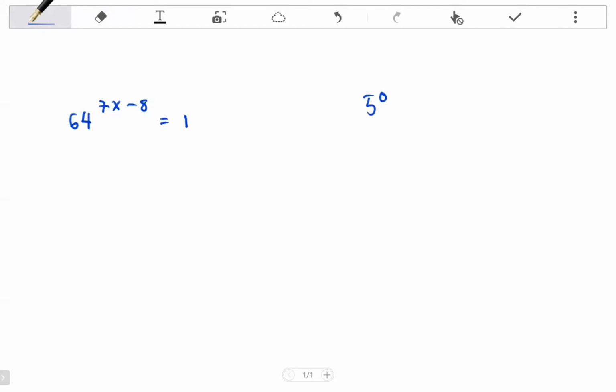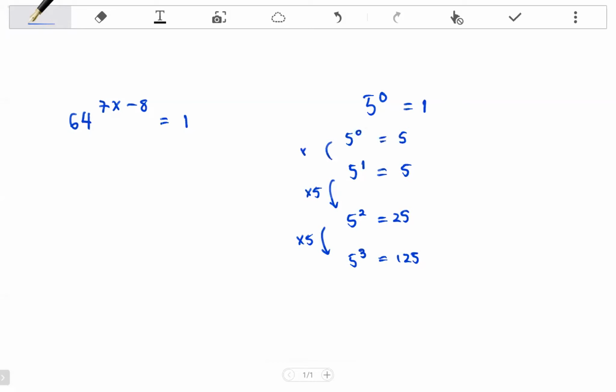1. 1, right? So let's look at it: 5 to the 1st power is just 5. 5 to the 2nd is 25. 5 to the 3rd is 125. But if we go the opposite way around, see it's multiplied by 5 every time. If it's the opposite way around, it has to be dividing by 5 as well, right?